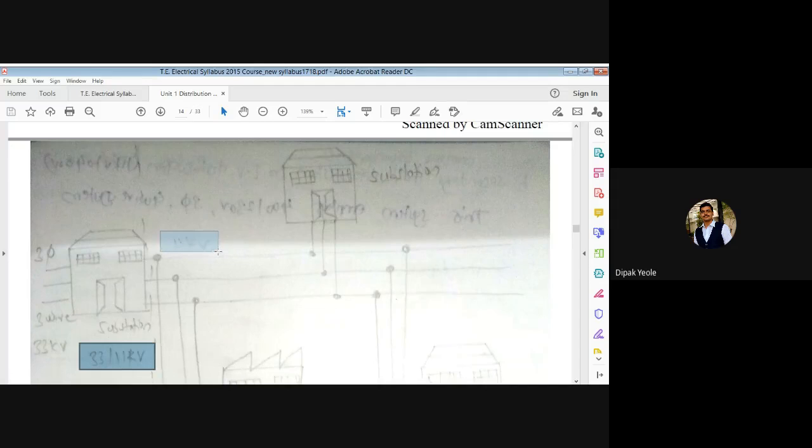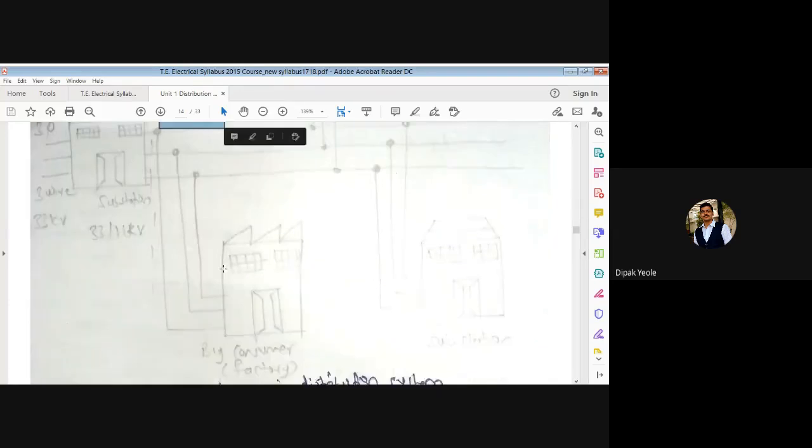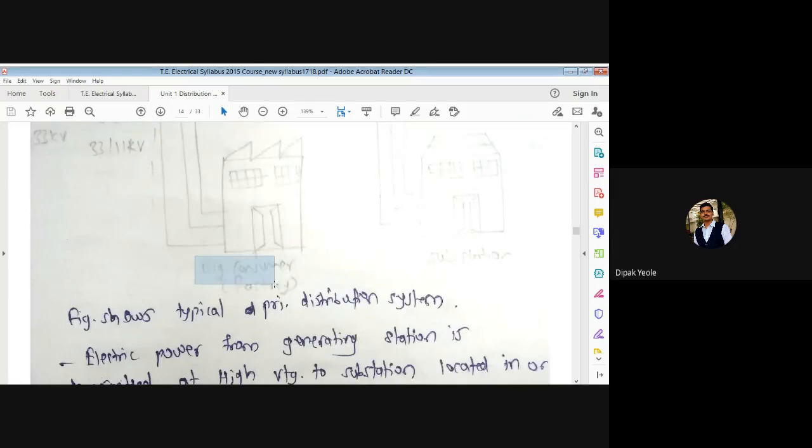So here you can see 11 kilovolt is transmitted, and where is 11 kilovolt needed? इंडस्ट्री मध्ये, वर्कशॉप्स मध्ये. Yes, 11 kilovolt is needed. So one can say primary distribution is used for big consumers. Industry साठी लागतं. Yes, so this is the application of primary distribution, big consumer factories.